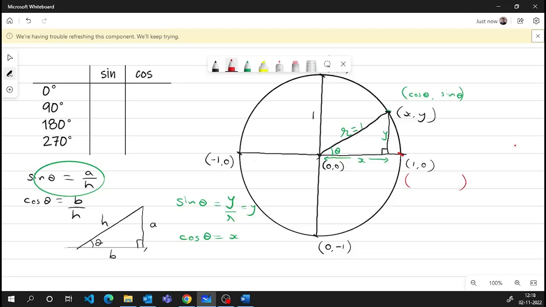So this point is cos theta comma sine theta. Any point is cos theta comma sine theta. But since theta is 0, this is nothing but cos 0 comma sine 0. So you see the direct mapping now, this cos 0 is nothing but 1 and the sine 0 is nothing but 0. As simple as that.